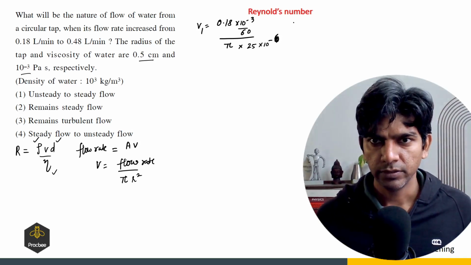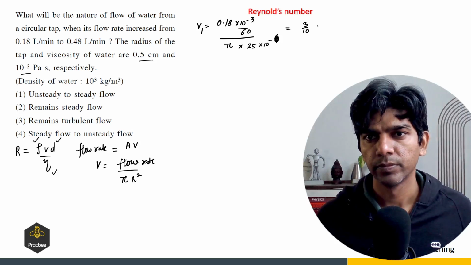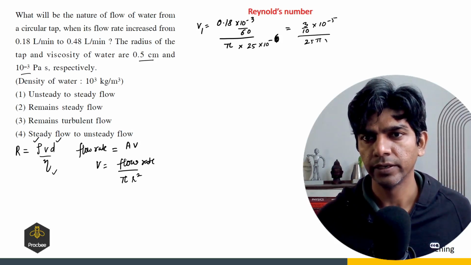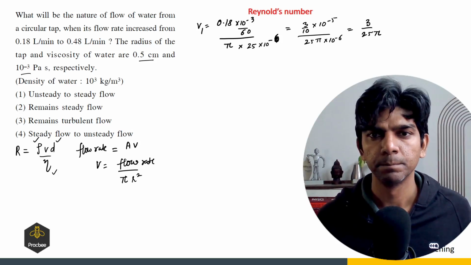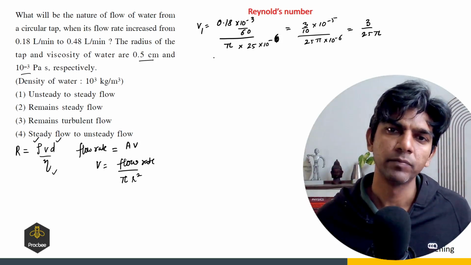So if we simplify this, this will become 3 by 10 into 10^-5 divided by 25 pi into 10^-6. So that will become 3 upon 25 pi times 10. So that is the velocity, right?